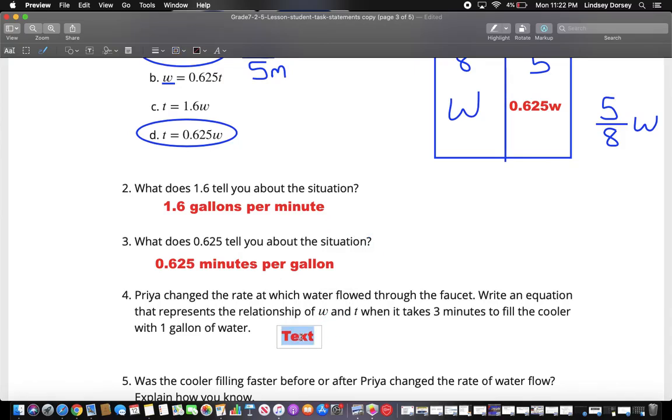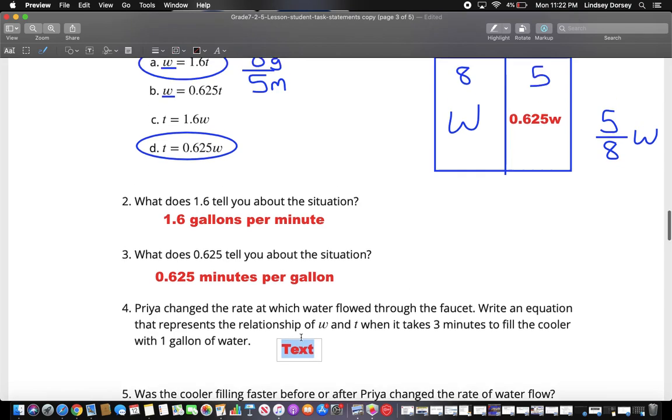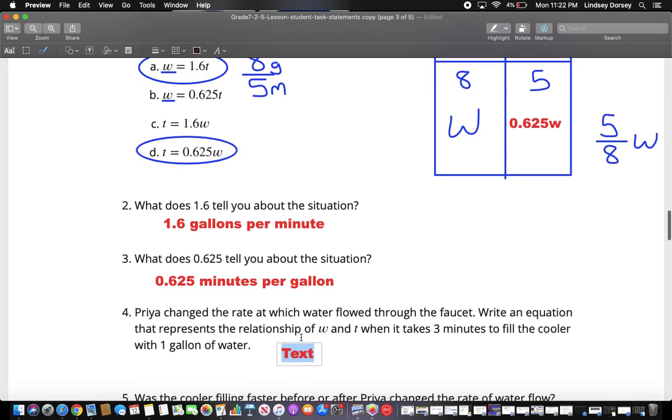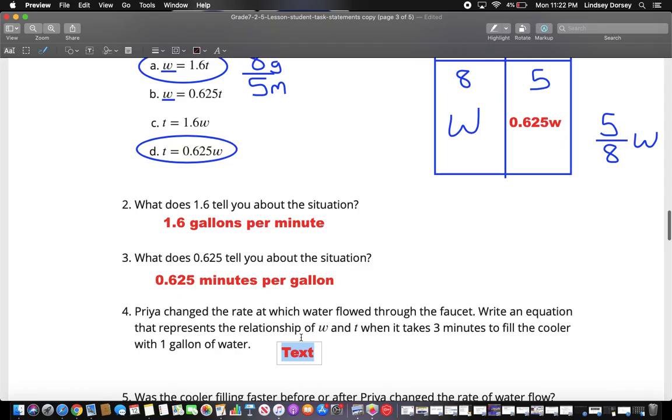Okay, so one equation could be, let's see, T represents our, so it'd be T equals 3 times W. So it takes 3 minutes per gallon of water. So 3 times the number of gallons of water tells me how much time it took.